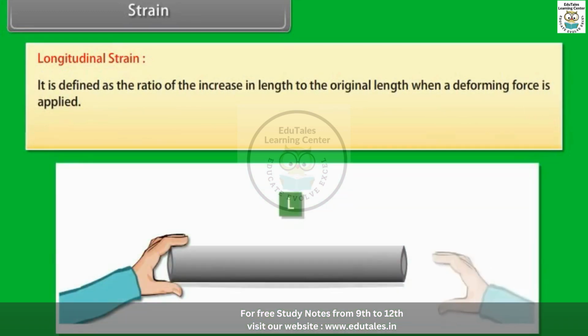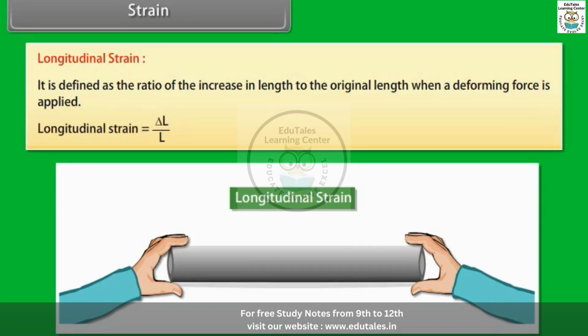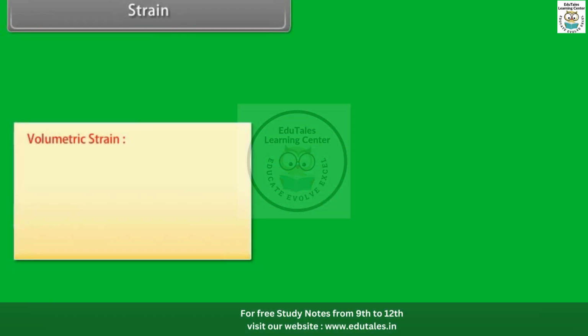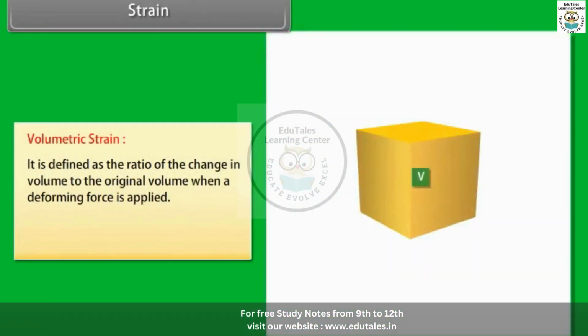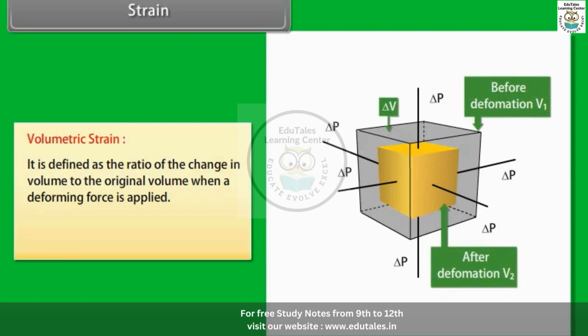It is defined as the ratio of the increase in length to the original length when a deforming force is applied. Longitudinal strain is equal to delta L by L. Volumetric strain. It is defined as the ratio of the change in volume to the original volume when a deforming force is applied. Volumetric strain is equal to minus delta V by V.